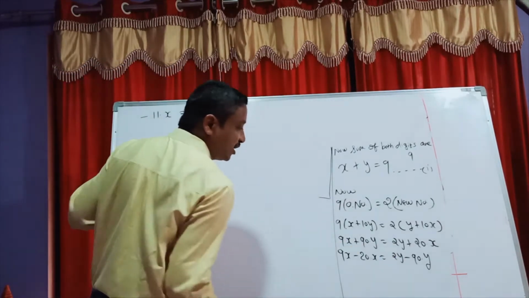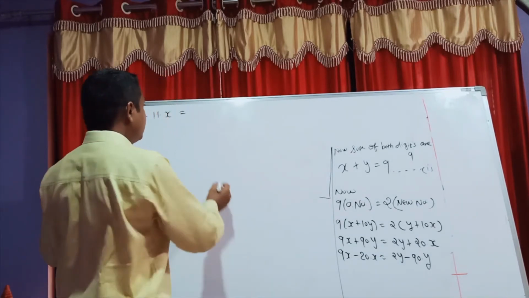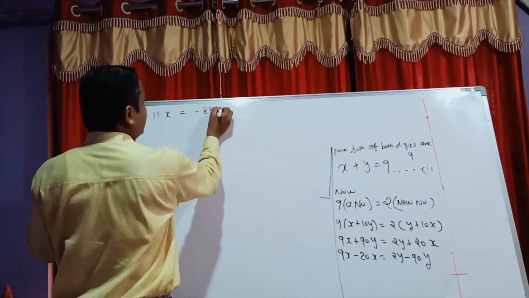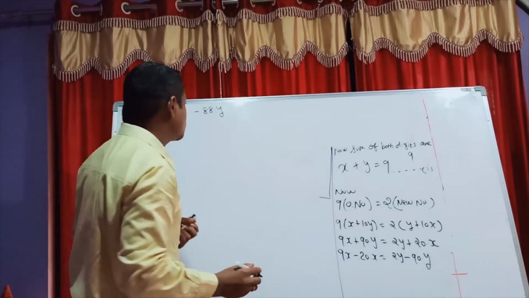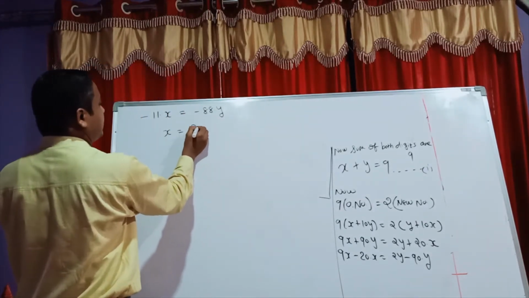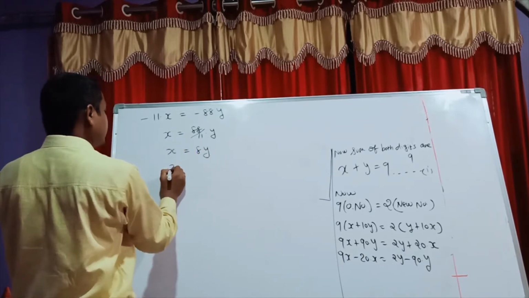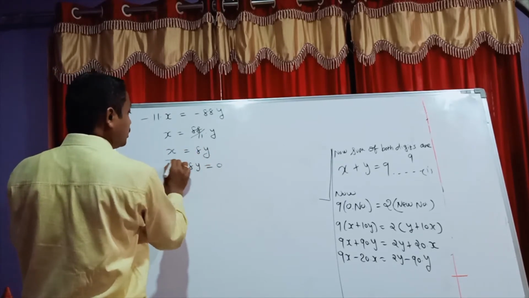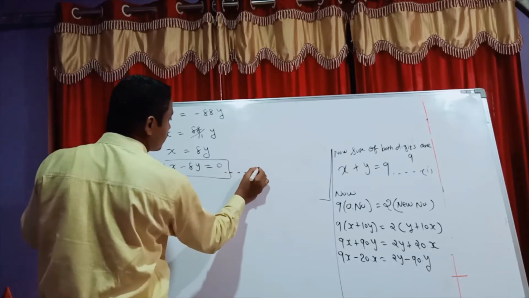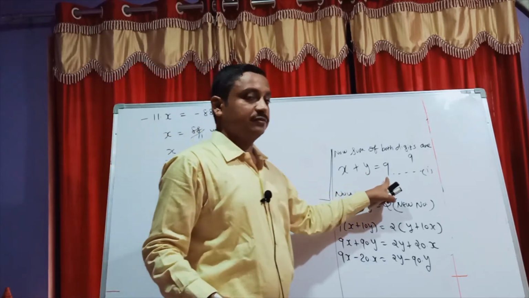And this side, 2y minus 90y, how much? Yes, minus 88y. So x is equal to 88 by 11, which is 8y. So x minus 8y is equal to 0. Your equation number 2 is coming, and this is equation number 1.